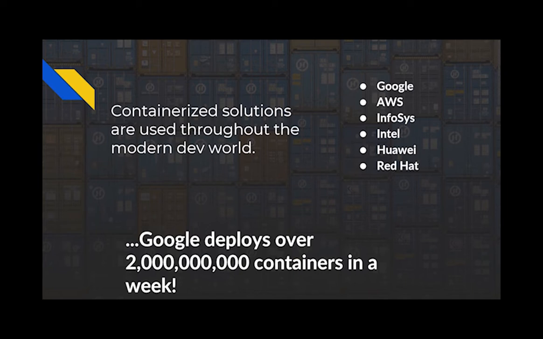Google uses them hugely, Amazon Web Services, Infosys, Intel, Red Hat, Huawei. There's so many more that could be added to this list. It's a go-to if you're using anything as a service, or you're creating software that has to be accessed from the cloud. Google itself, at last count, creates over 2 billion containers in a given week.